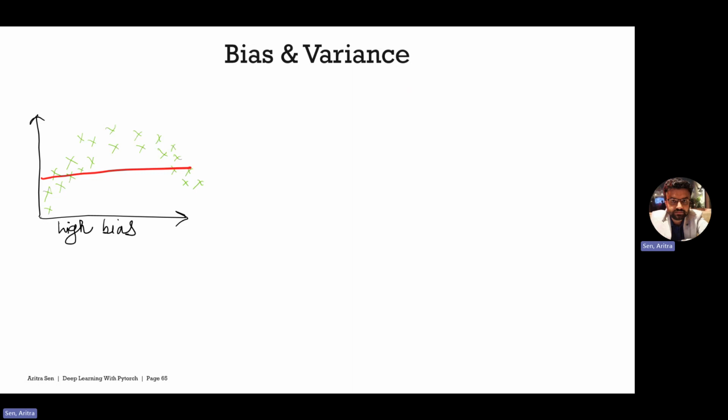So that we generally call high bias, where your model is underperforming on the training data set, and the results are not good in the training data set itself, right? Then there is another kind of problem which we have. So here these are the same data points, and you have trained the model in such a way that you have a best fit line where it's not a line anymore. It's picking up every point in the data set, and it's trying to fit according to the training data set pattern, right?